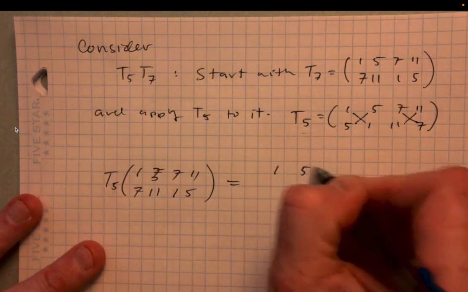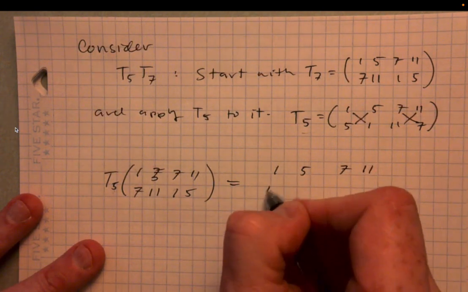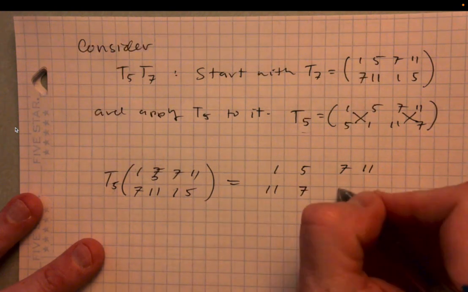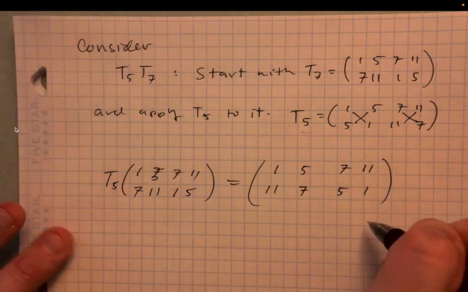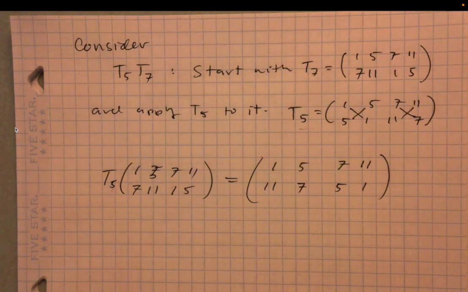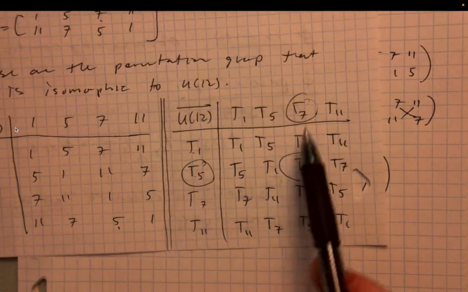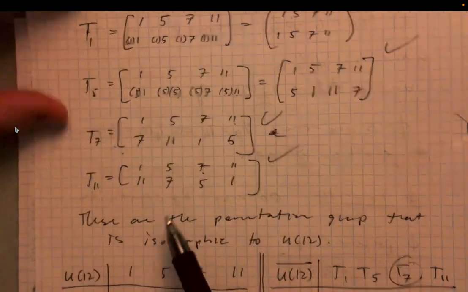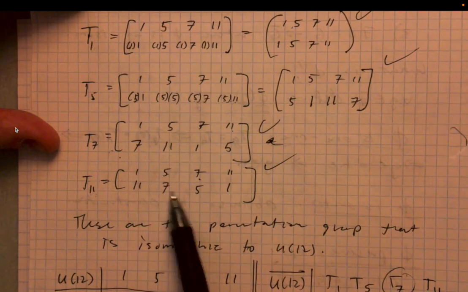So I've got 7, 11, 1, 5, and instead I'm going to get 11, 7, and then it also swaps the latter two, 5, 1. 11, 7, 5, 1. So according to our Cayley table, T5 combined with T7 needs to equal T11. And let's look at what we calculate for T11: 11, 7, 5, 1.